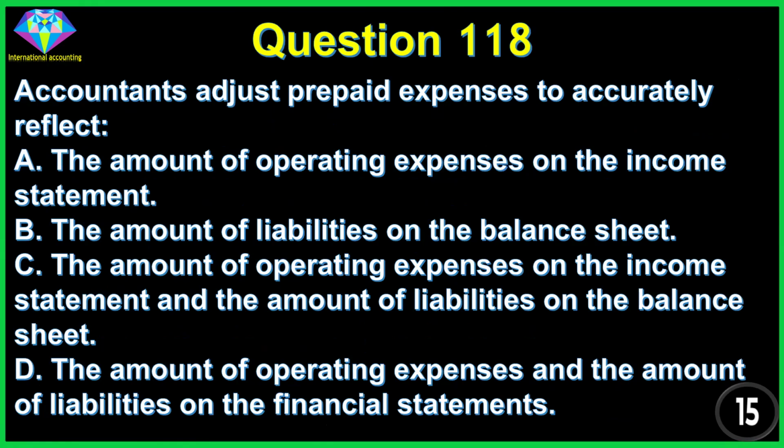Accountants adjust prepaid expenses to accurately reflect A. The amount of operating expenses on the income statement. B. The amount of liabilities on the balance sheet. C. The amount of operating expenses on the income statement and the amount of liabilities on the balance sheet.